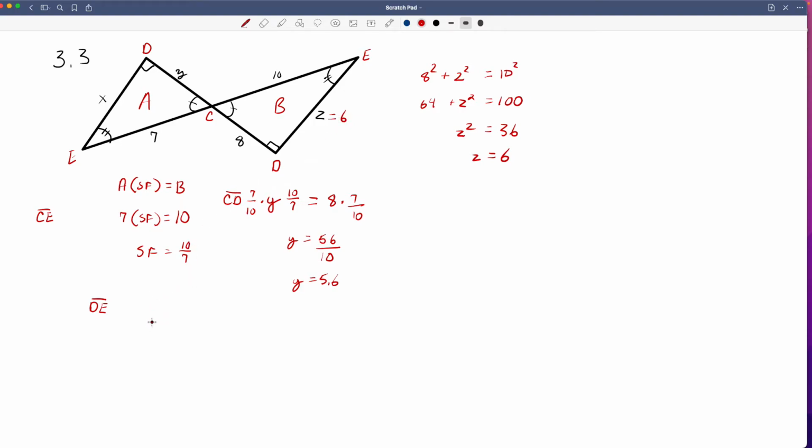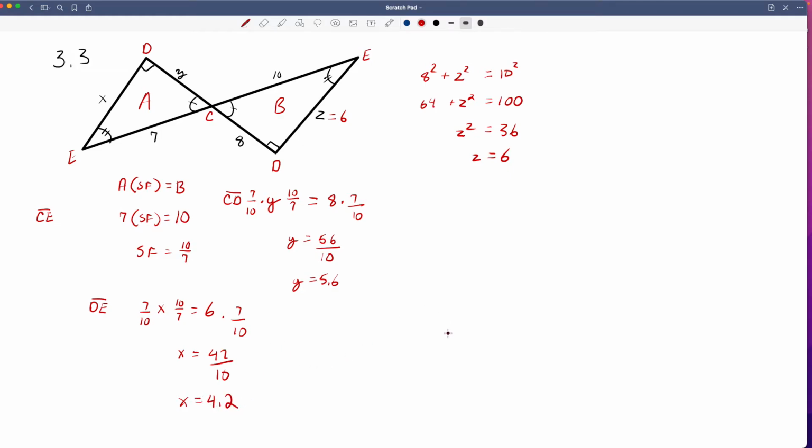So now I can say A, which is X times the scale factor of 10 over 7, is equal to 6. So I'm going to use the reciprocal. And that is going to be X is equal to 42 divided by 10. X is equal to 4.2.